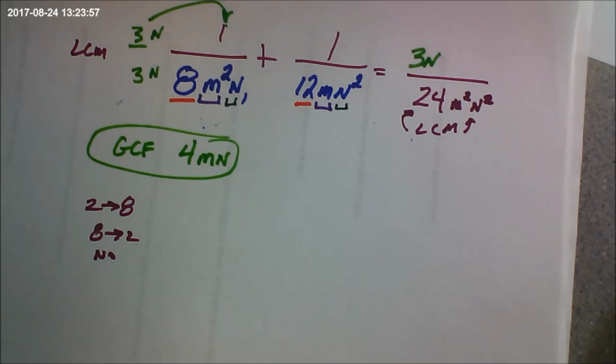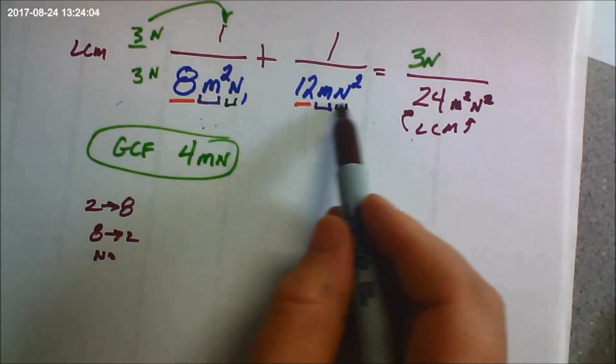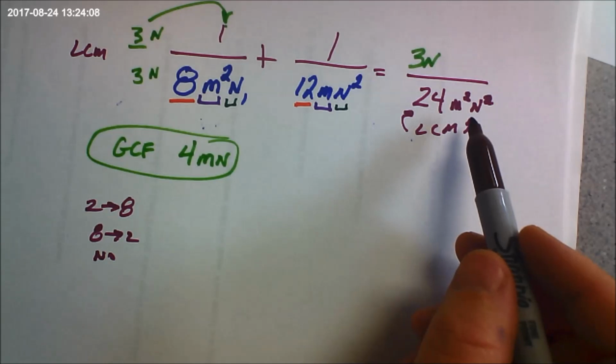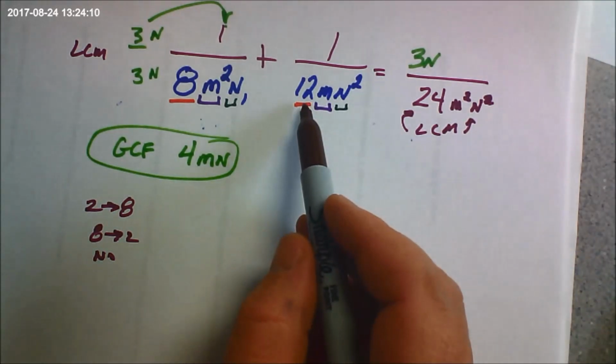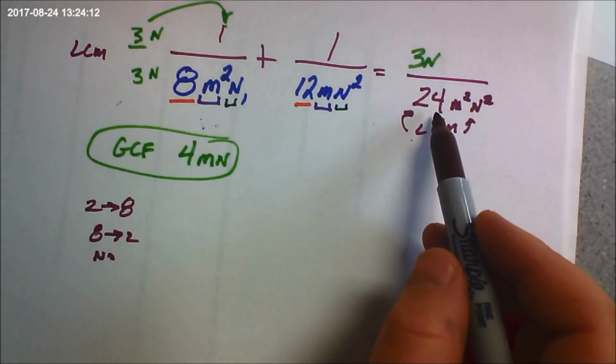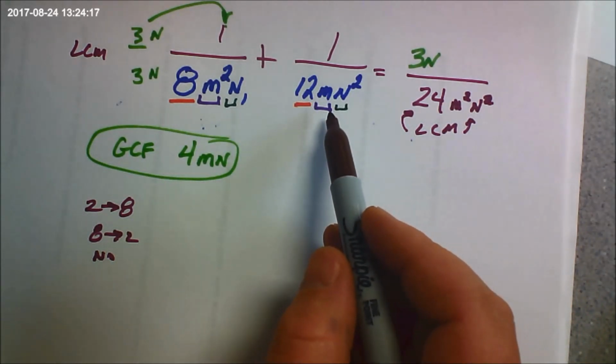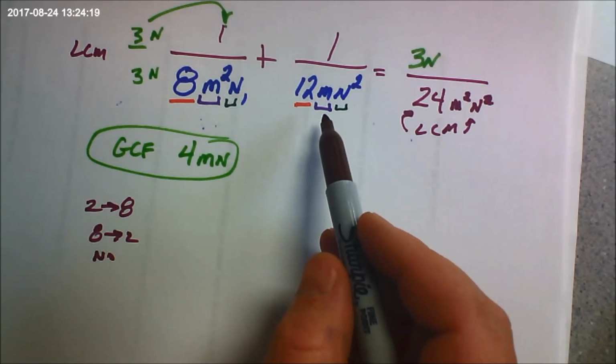George, what do I have to multiply this by to make it into 12m squared n squared? Or not 12, 24, sorry. What do I have to multiply this by? Does Jesus know? Ryan knows.